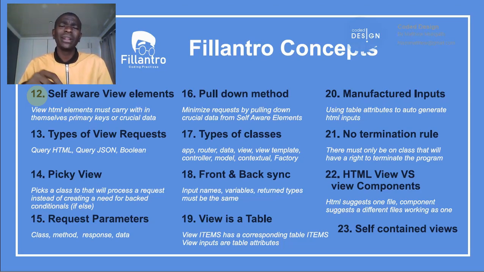And then when you are going to the database, the column that is responsible for containing that information must also be named name. So there must be consistency between all your layers in terms of the input names, the variable names, and the return types. The return types must be the same.